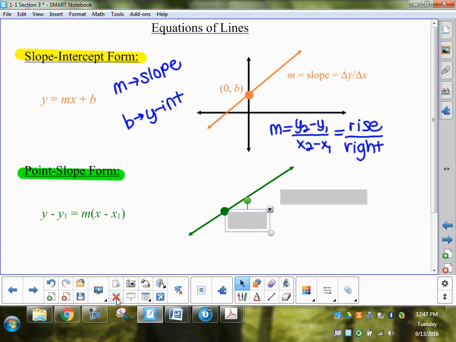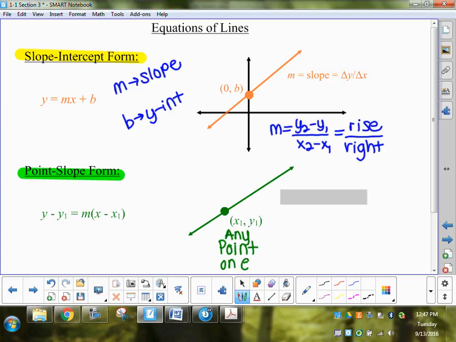You need to understand that (x1, y1) is just a point on the graph, and m is still the same slope we referenced before, the change in y over the change in x.